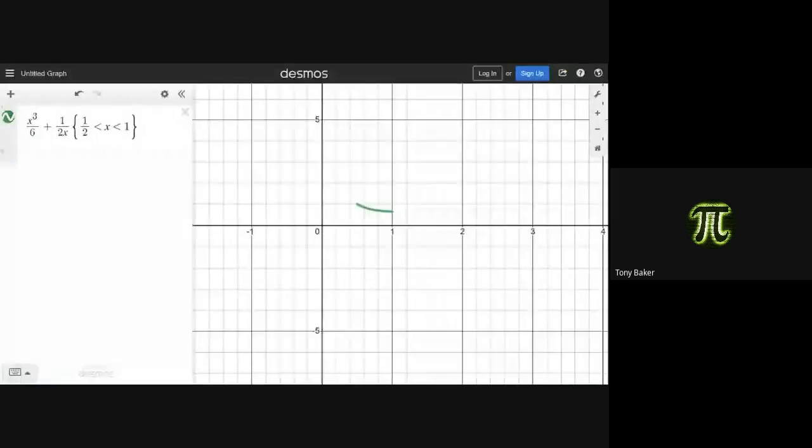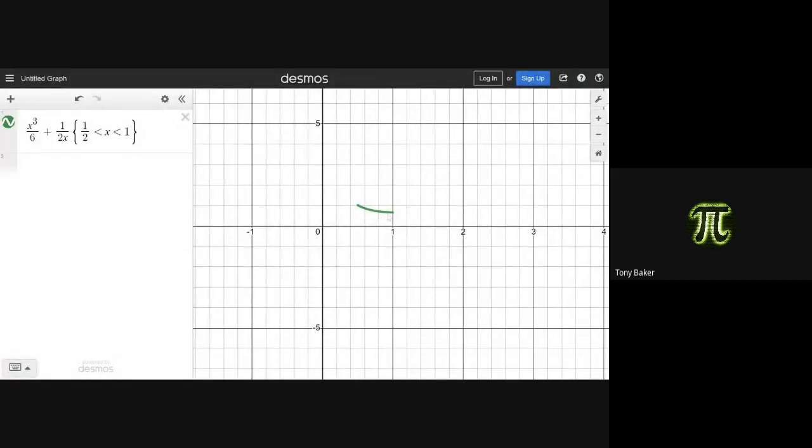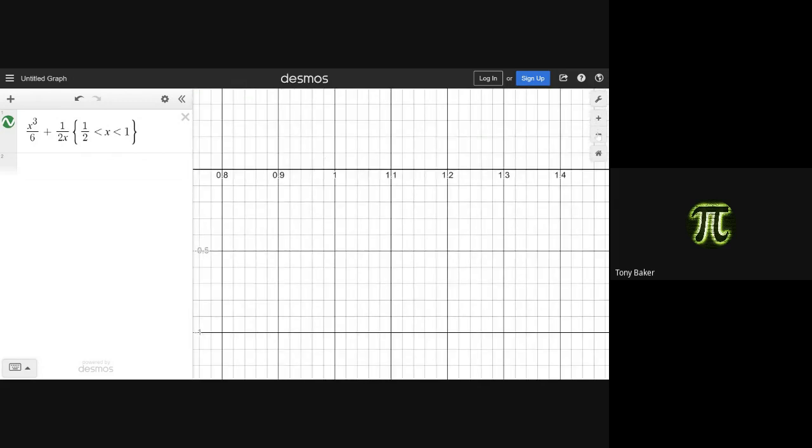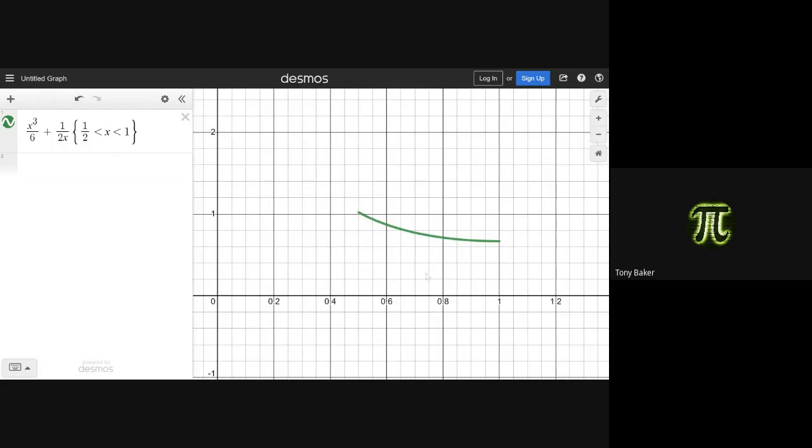All right. So there's the tiny little graph. That's basically what I'm doing, and I'm rotating it around the x-axis. So my radius is coming from the x-axis up to that. Over the domain from 1/2 to 1, the radius is changing based on that function. So I would use the function.